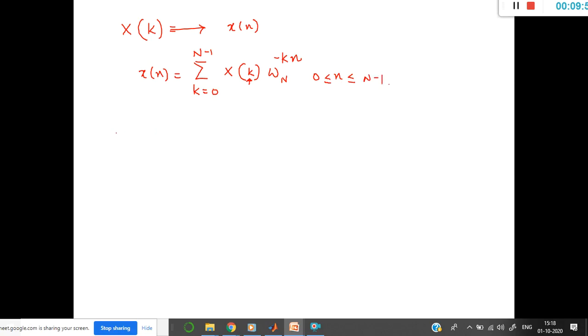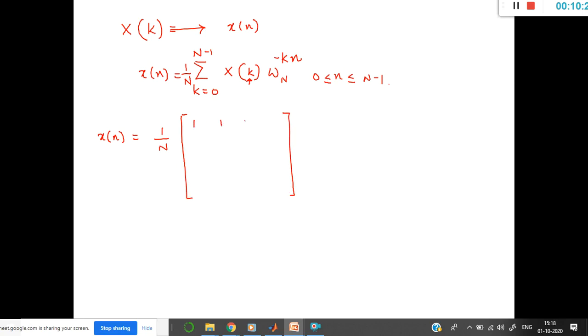Is that okay? Now how do you obtain x of n? Once again I try to have the same approach. I'm sorry, I forgot to write. The entire sequence is supposed to be divided by the length, the N-point DFT. So now 1 by N, and once again I apply the same matrix method here.